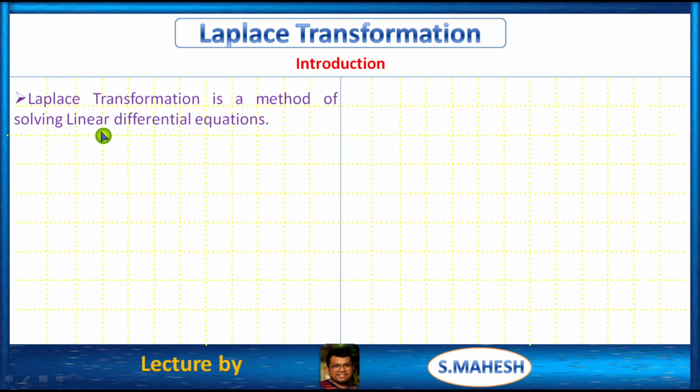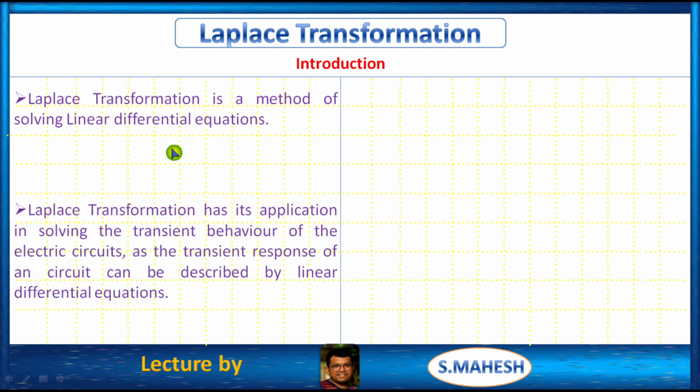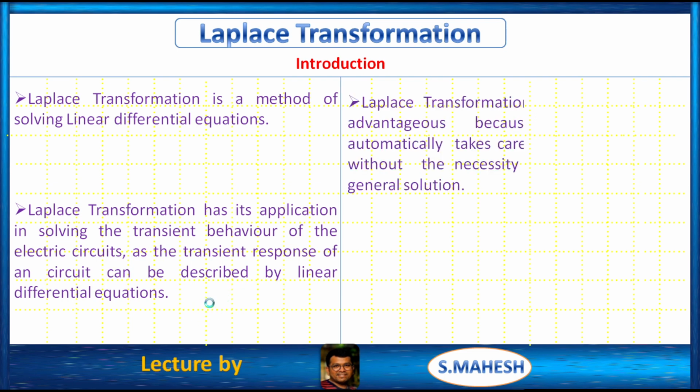So Laplace transformation is a method of solving linear differential equations. First I would like to read all the sentences, later I will explain each and every aspect. Laplace transformation has its application in solving the transient behavior of electrical circuits, as the transient response of a circuit can be described by linear differential equations, right?